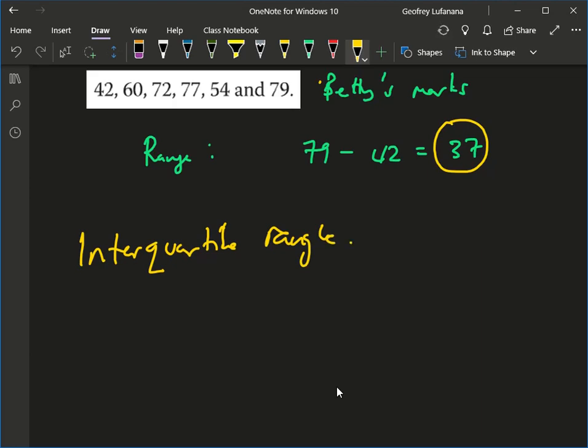The interquartile range is meant to solve the issue of outliers affecting range, and of having the same range but different distributions. So what is interquartile range?